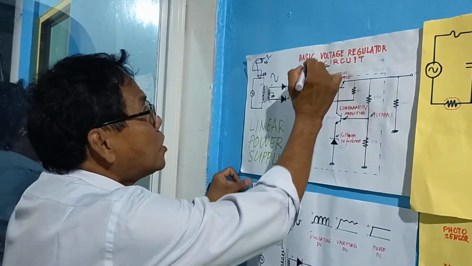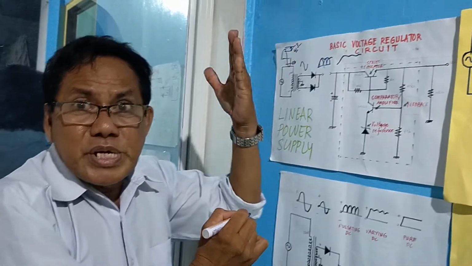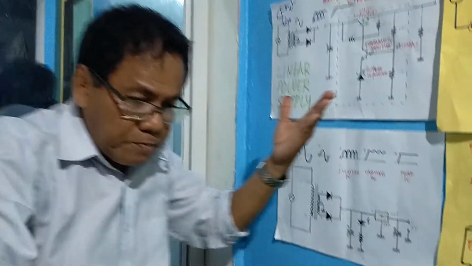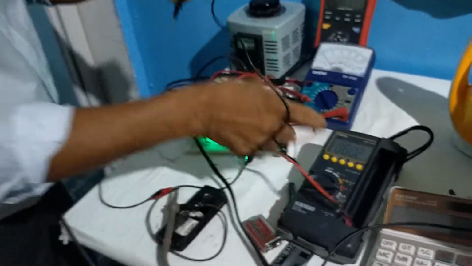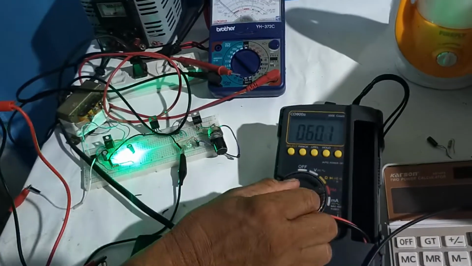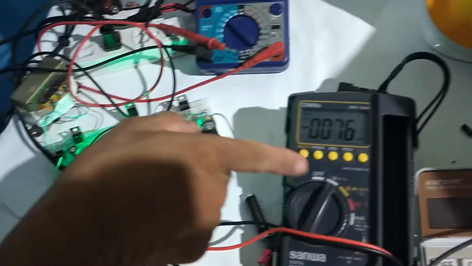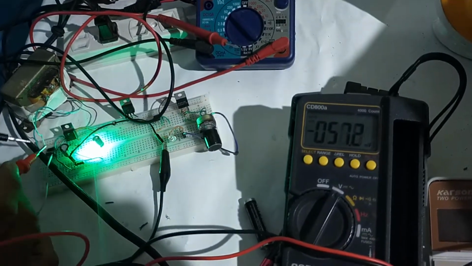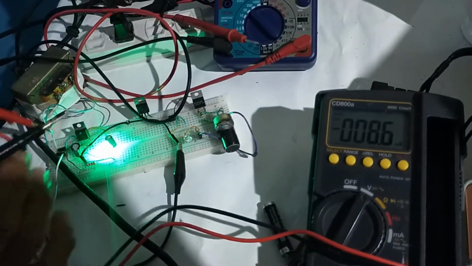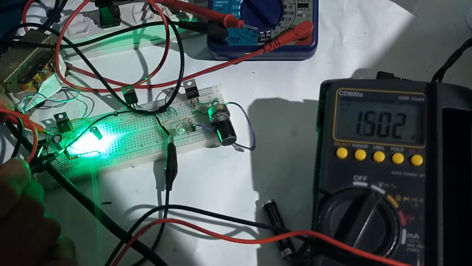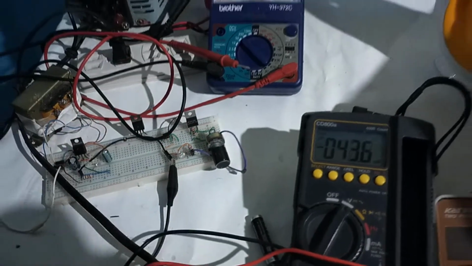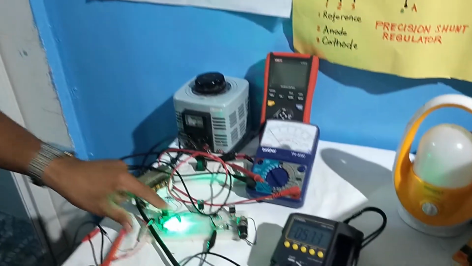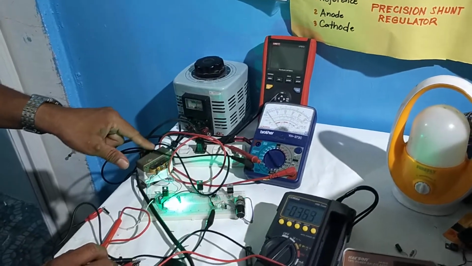But with capacitor, the voltage is increased also. It reaches to the peak value. If we are going to measure the voltage using this DC voltmeter, the voltage across capacitor is 16 volts. 16 volts, class. 16.3.